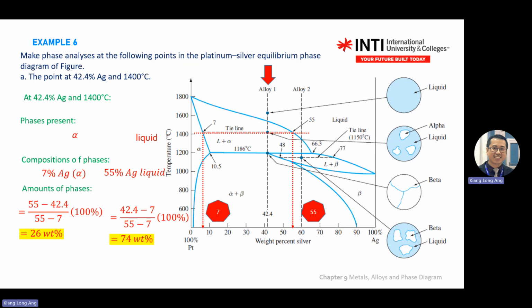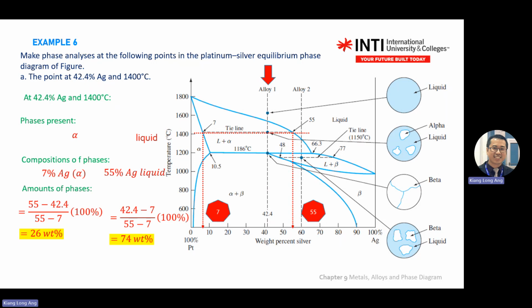Composition of phases, you read from the red line on the left. Don't confuse composition and amount. Then this one you read from the right hand side, 55% of Ag. Liquid, alpha liquid. This is alpha solid.